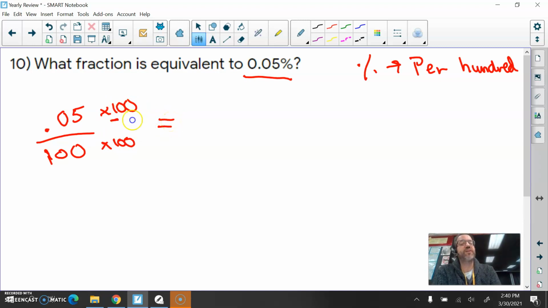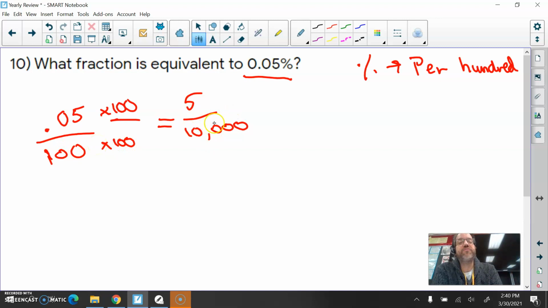Because we have to do the same thing on the top and the bottom of the fraction to keep it proportional to the original. So I end up with 5 when I move that decimal point right 2 spaces, over 100 times 100 is 10,000. See, you just tag 2 zeros on the end of this.